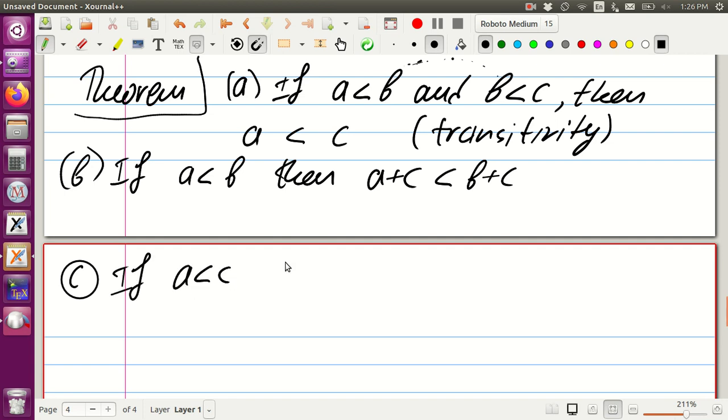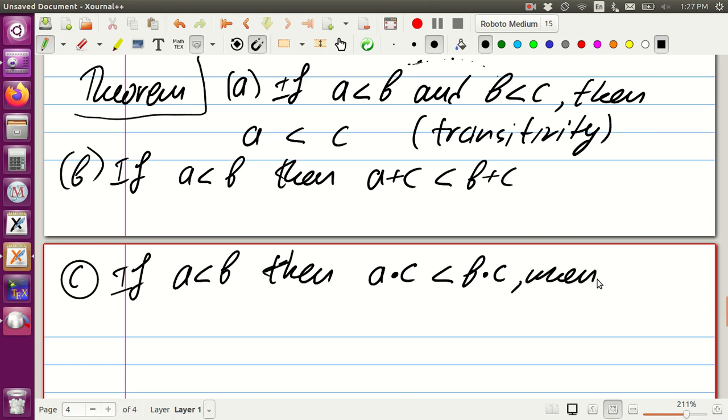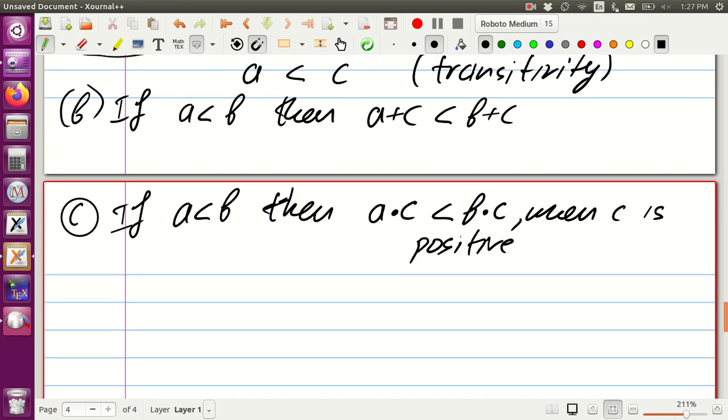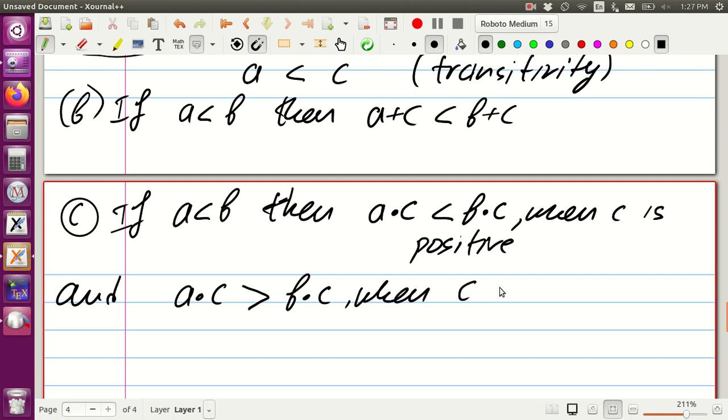If A is less than B, then A times C is less than B times C when C is positive, and A times C is bigger than B times C when C is negative.